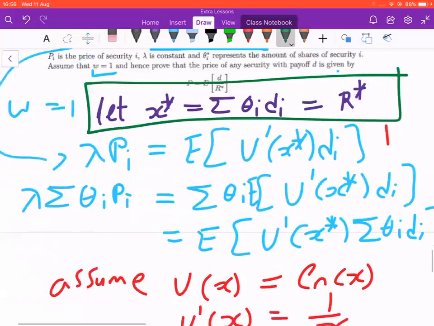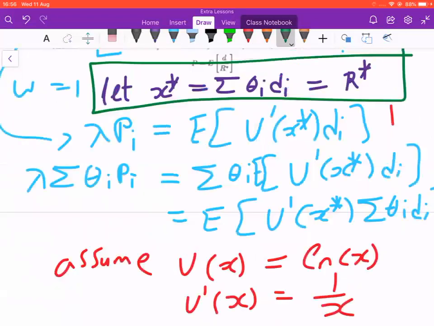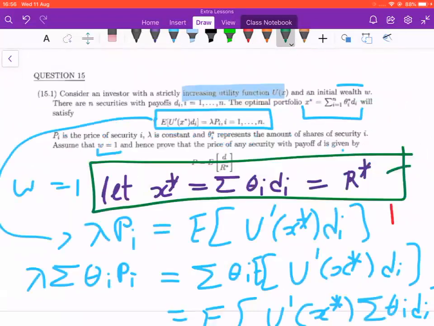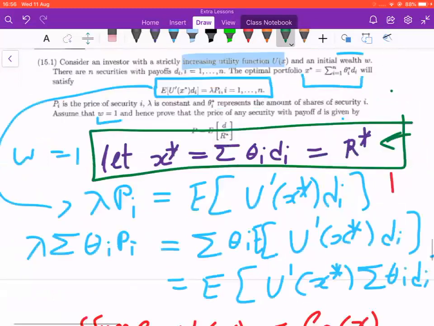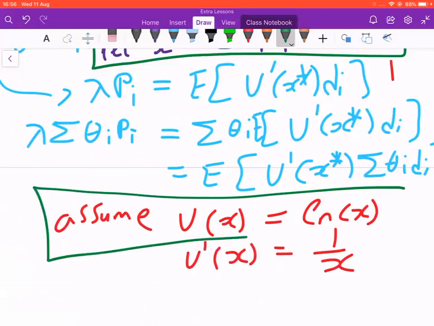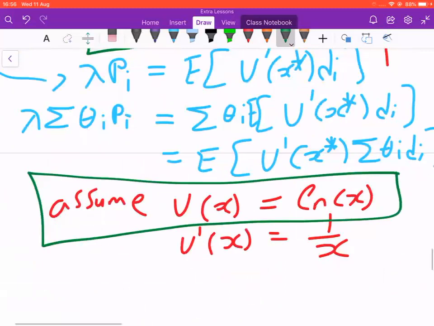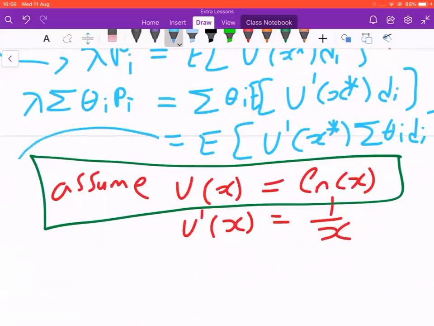So again, sometimes they will give you both this information, but sometimes they won't. If they don't, you will have to just write them down. If this is the case, you can take this thing down here. It's going to be equal to the expectation of 1 over x, right?